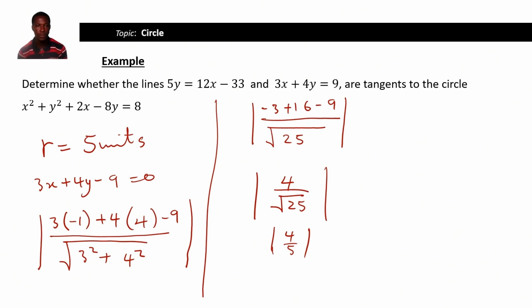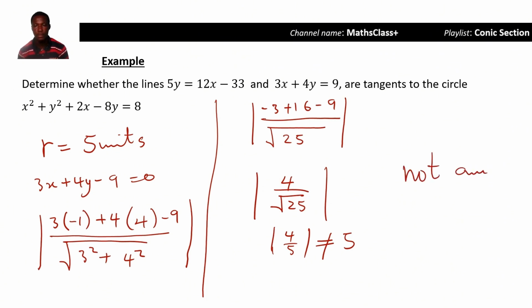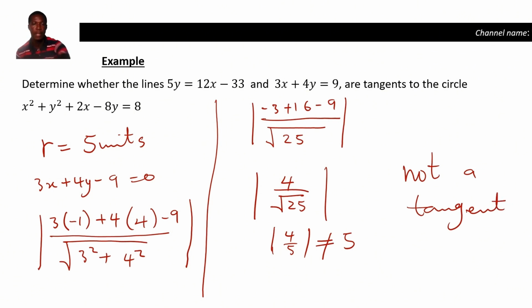So it will be 0 point something, and that means it will not be equal to 5. Therefore, the second line is not a tangent. So that is how we test for a tangent line.